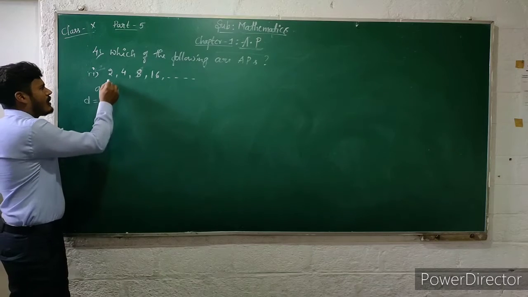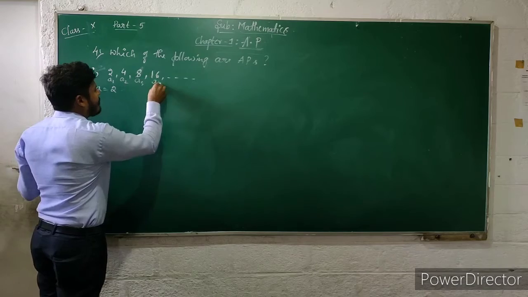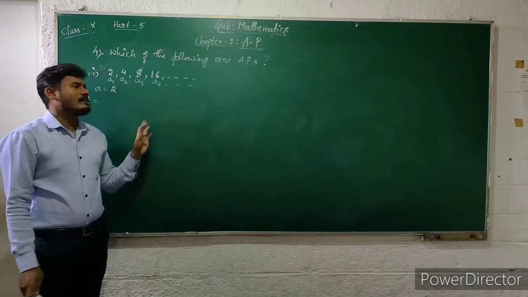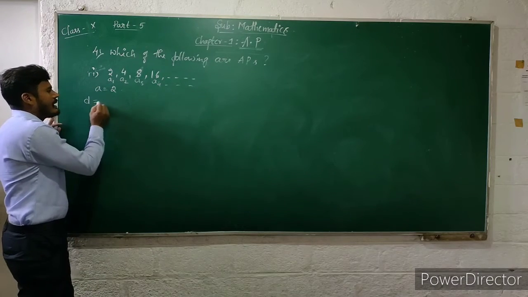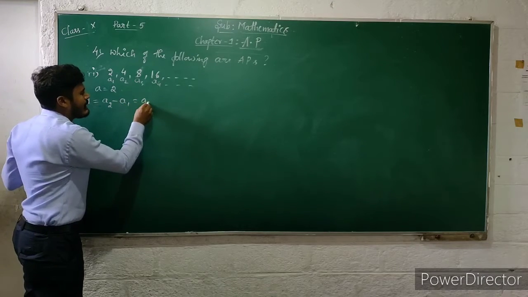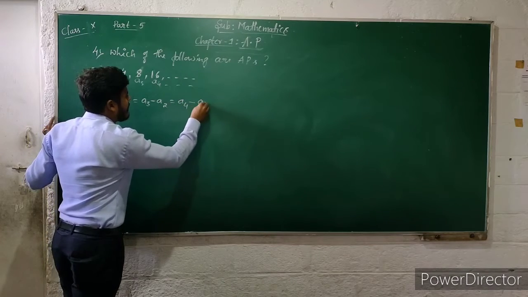So d is equal to, we know that a1, a2, a3, a4 and so on, because 16 is in the fourth position, that's why we call 16 the fourth term. Then d is equal to a2 minus a1, a3 minus a2 and a4 minus a3.